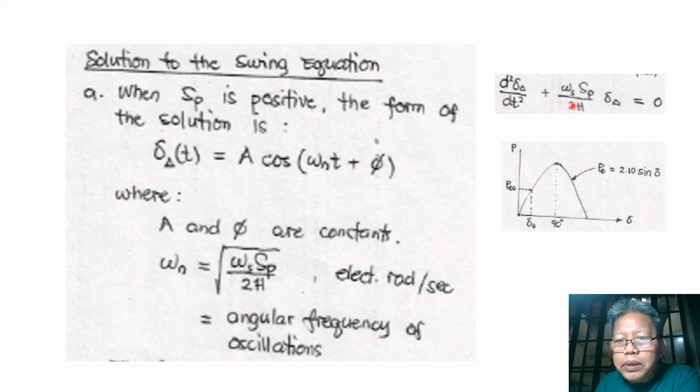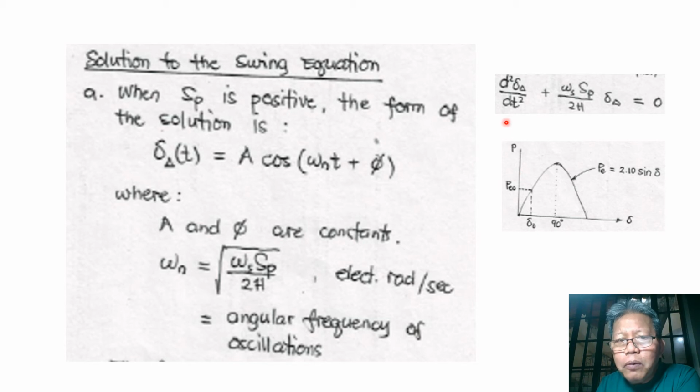Now when SP is positive, the characteristic equation would be m squared plus this positive value, and when we equate this to 0 and solve for m, because we have m squared, we have to get the square root of a negative value, and the roots therefore are a complex pair.